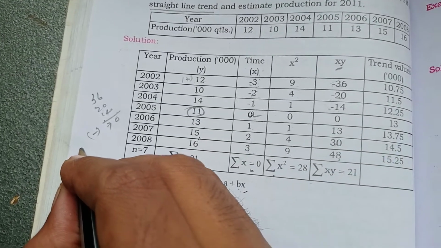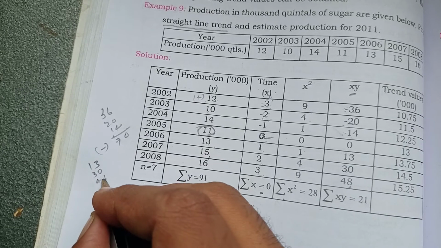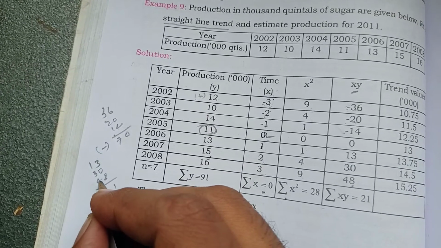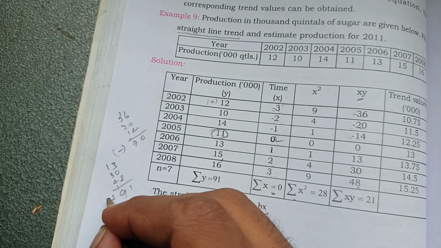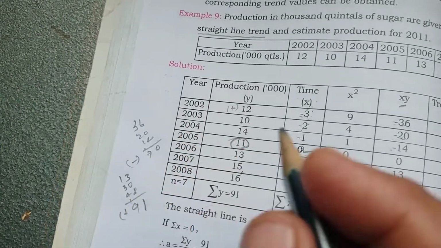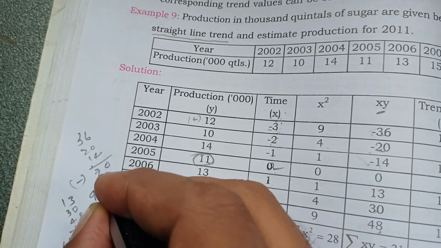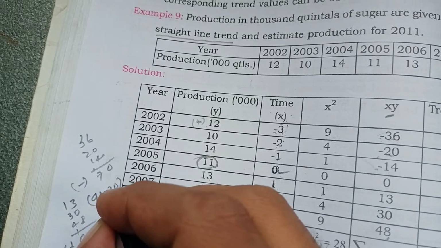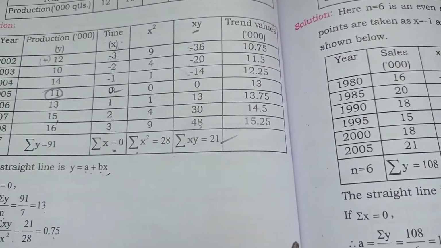Here the plus values are 13, 30 and 48, it is 91. Okay, this is the plus values. 91 minus 70 becomes 21. That is the 21 value.